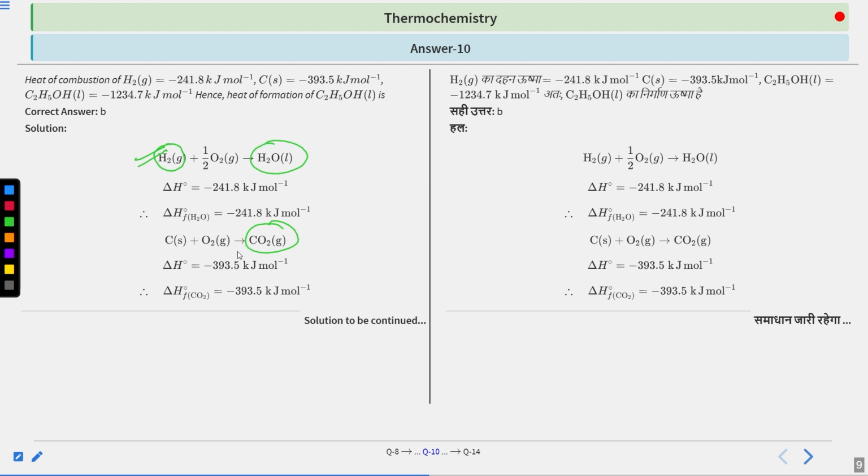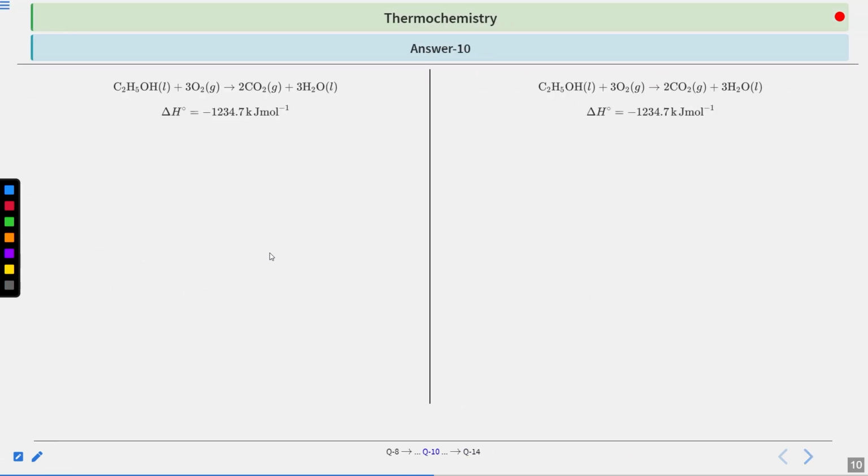We have the combustion equation for the carbon solid as well as the formation equation for carbon dioxide. Now the third thing which is given is the ethanol combustion. Using the equations that are given, what will be the combustion of C2H5OH?